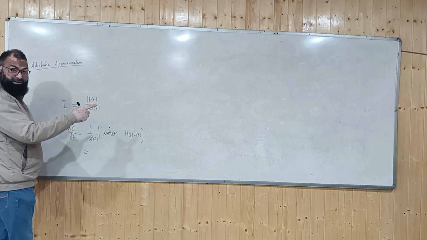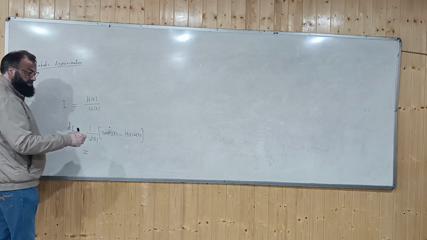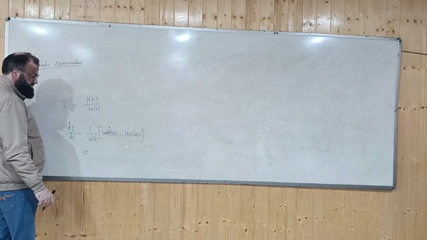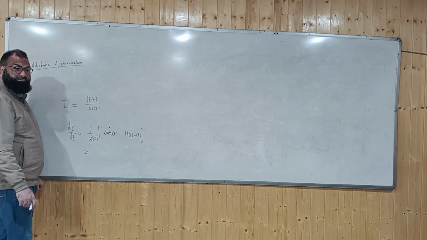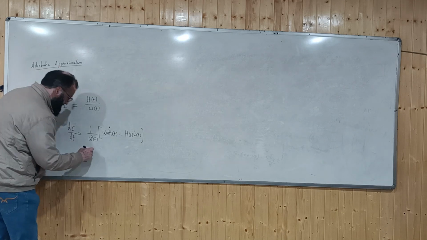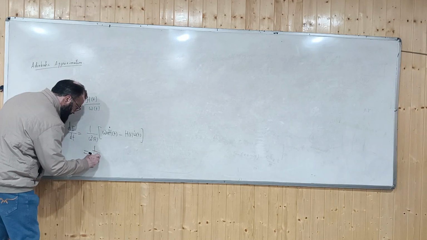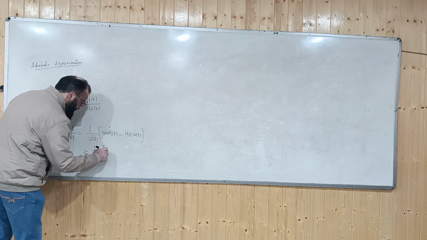That we have figured out. So what was that? Just calculate. Divided by omega square of t. Yes, we have calculated. So you have omega of t.